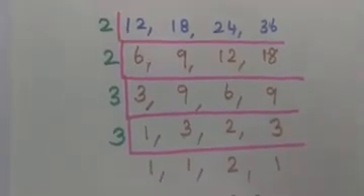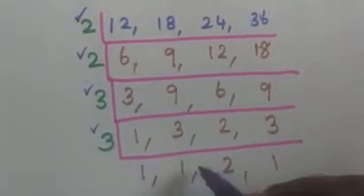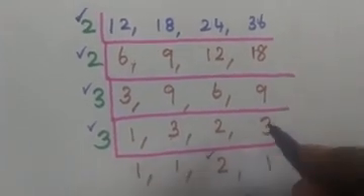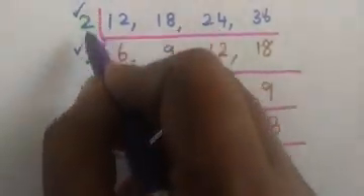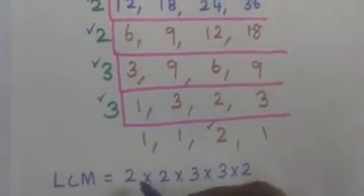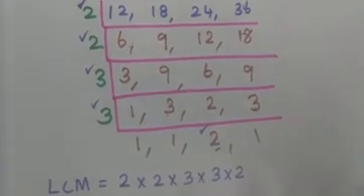Now we are going to multiply these factors: 2 into 3 into 3 into... Here no need to multiply the 1 because any number multiplied by 1, what do you get? The same number. So this 2, we have to take. Remember L shape, LCM. So 2 into 2 into 3 into 3 into 2.